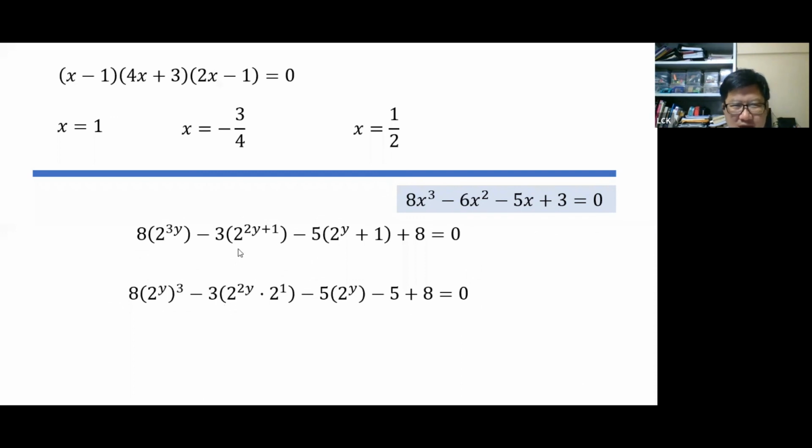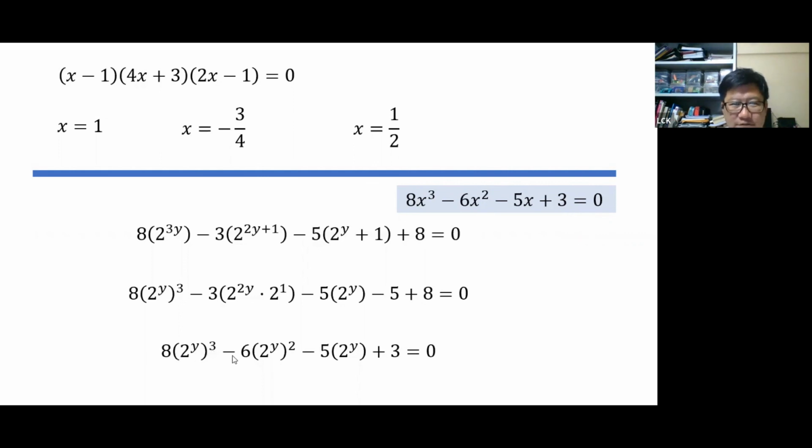We have a -3, and that's 2 to the power of 2y, and that's 2 to the power of 1, which comes from the +1. This is -5, and 2 to the power of y is here, and -5 times 1 is -5. And this is a +8, and -5 plus 8 is 3. So we've got this term here, and we're going to get the other terms when we tidy things up. So you have 8 times 2 to the power of y, to the power of 3.